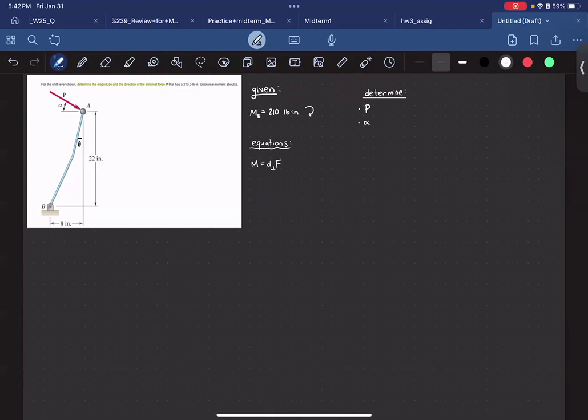So in the problem statement, we're given that M about B is equal to 200 pound inches in the clockwise direction.